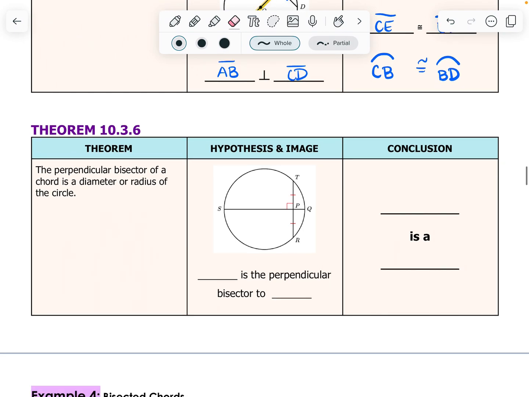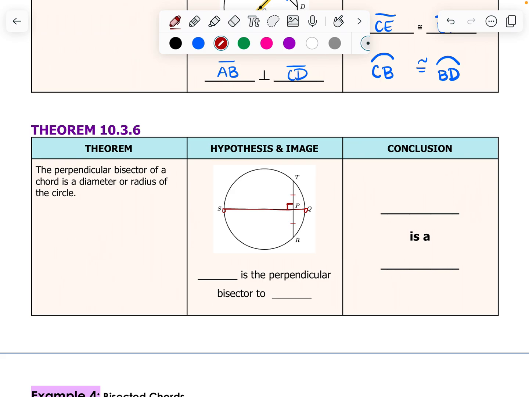This is kind of like an inverse, but not quite. This says the perpendicular bisector of a chord is a diameter or radius of the circle. So here we see that segment SQ is perpendicular to TP and it's bisecting segment TR.